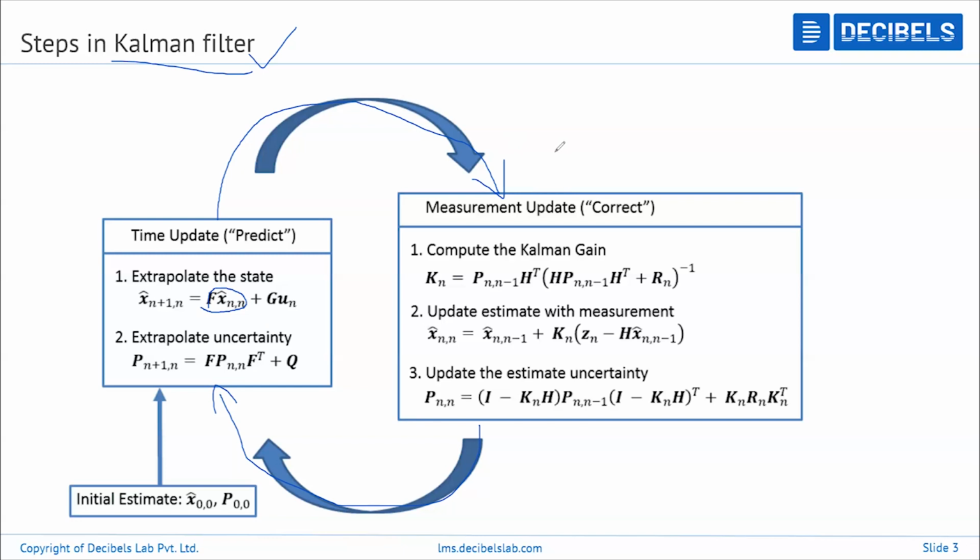And even AEKF, the adaptive extended Kalman filter. There we are going to use dynamic process noises or measurement noises. But in the simple Kalman filter, we just use constant values.